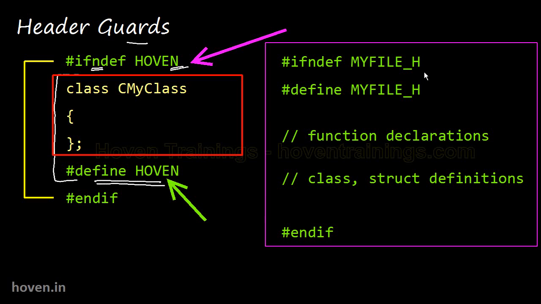This is a typical arrangement of a header file. Suppose the file name is myfile.h. The name of the header file in uppercase is used as a guard symbol. File name is myfile.h, the guard symbol is MYFILE_H.